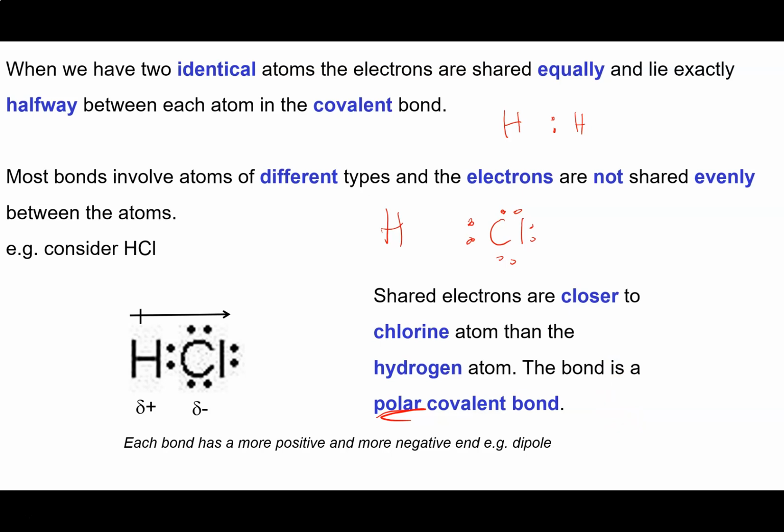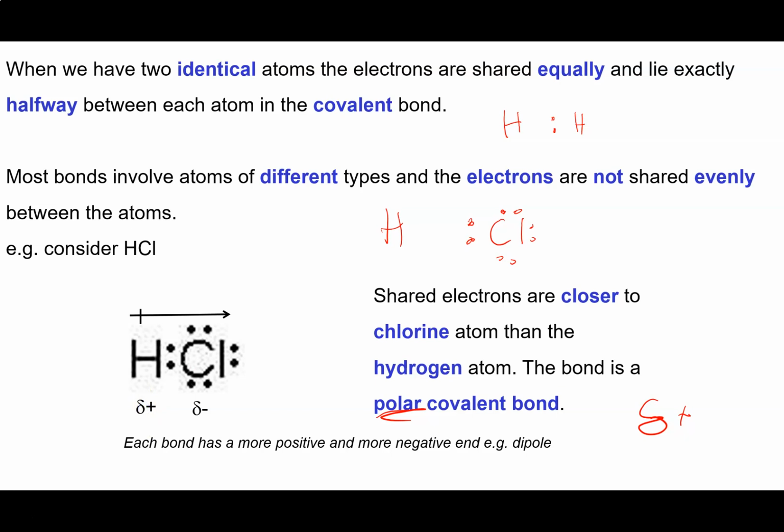In this case, the electrons are pulled closer to the chlorine, so the hydrogen end of the molecule is more positive, and we can indicate that by writing a delta, which I just write as an S with the bottom loop closed, and then a plus, meaning it's a little bit positive by the hydrogen. Then we write a delta and a minus near the chlorine to indicate that the chlorine end of the bond is a little bit negative.